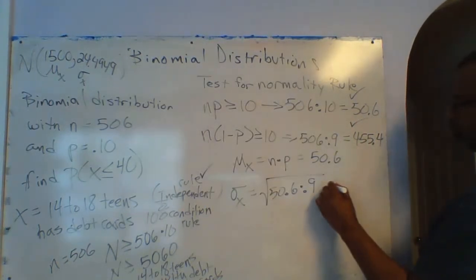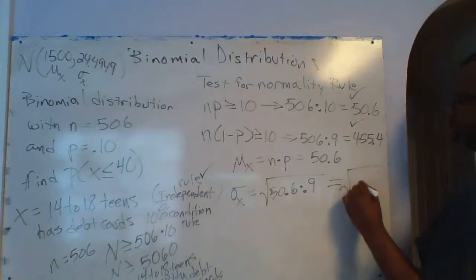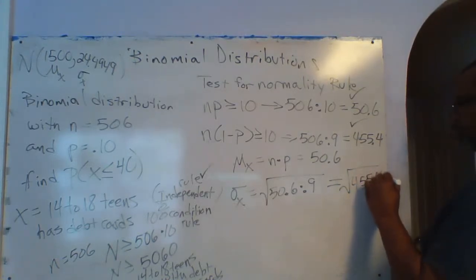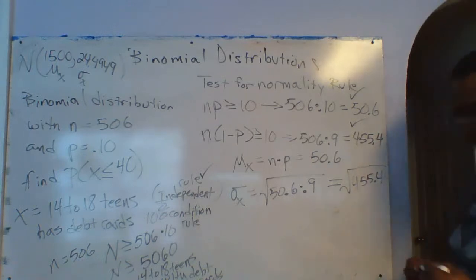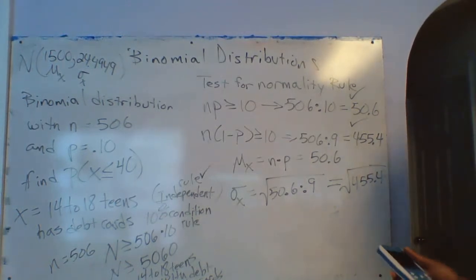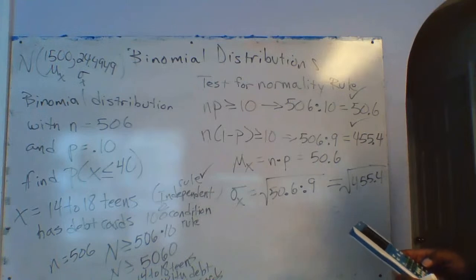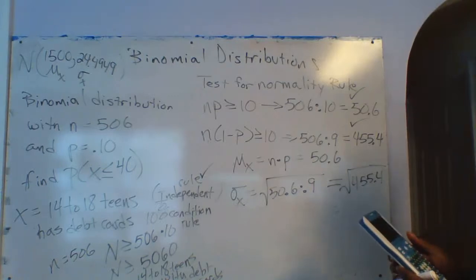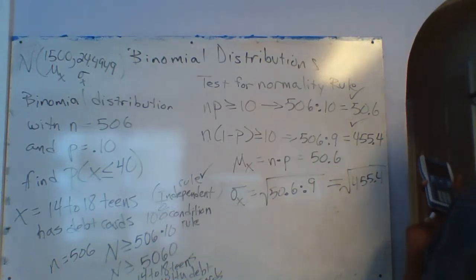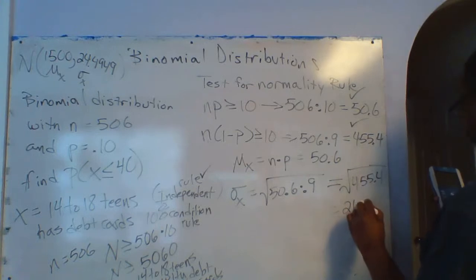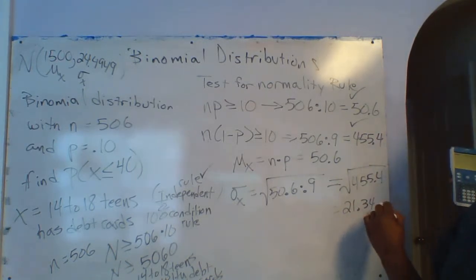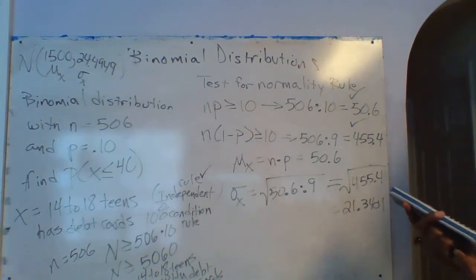And then that's just going to give us the square root of, what's that, 455.4. And then that's going to give us 21.3401.